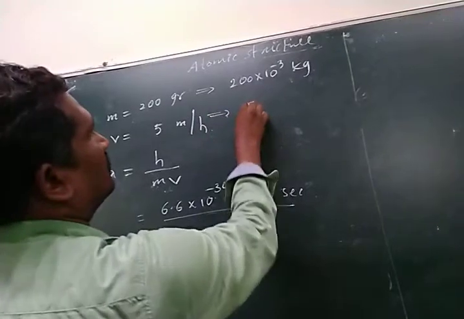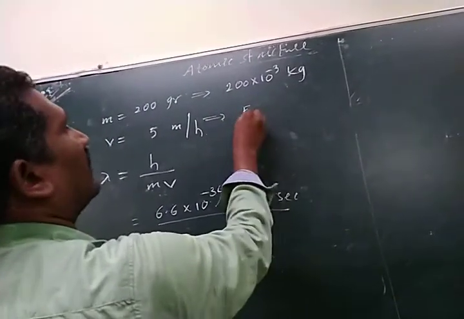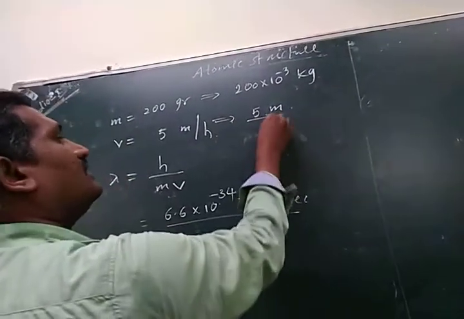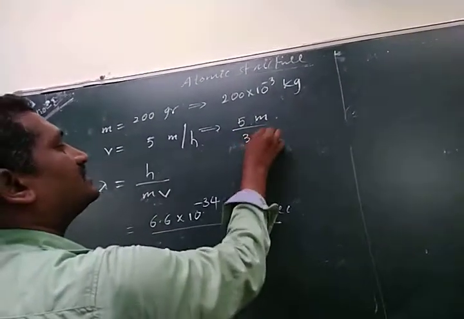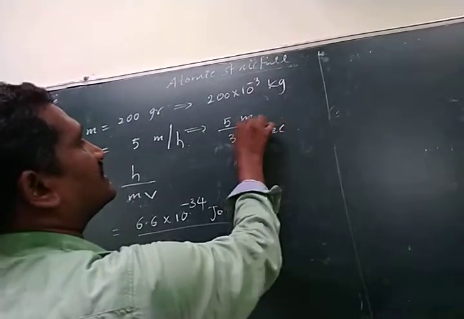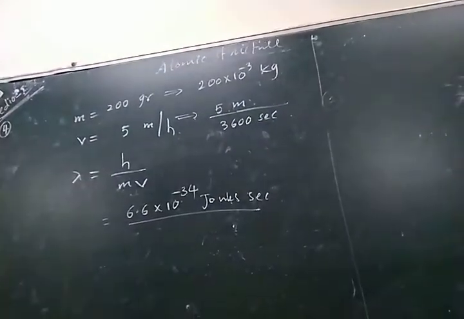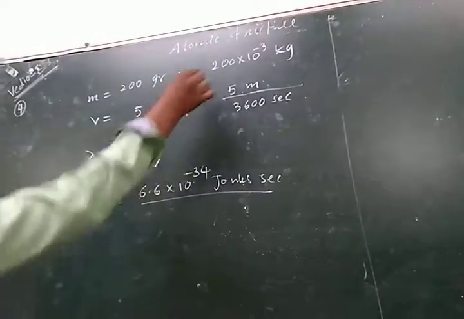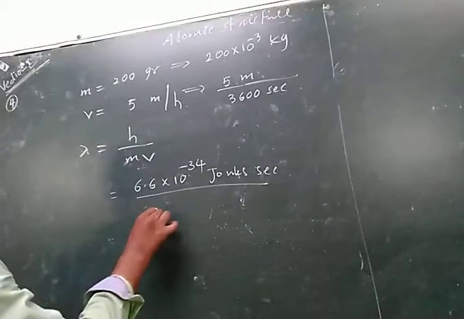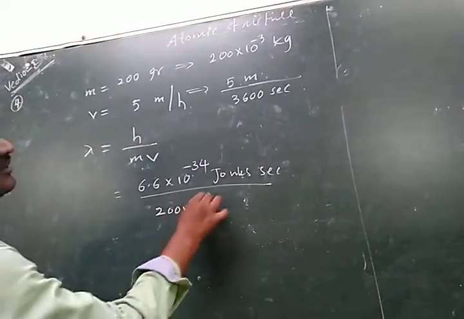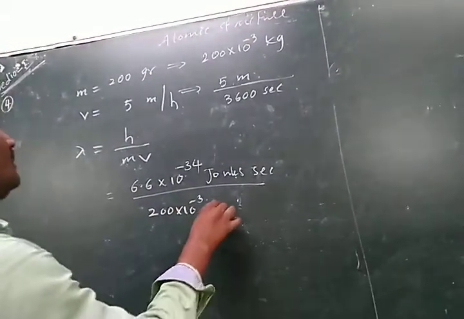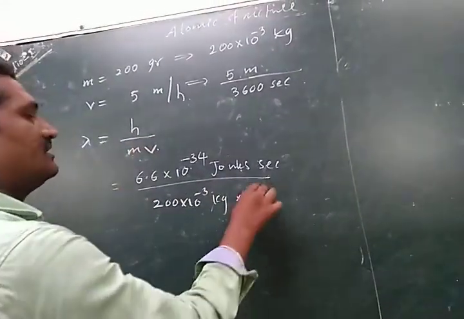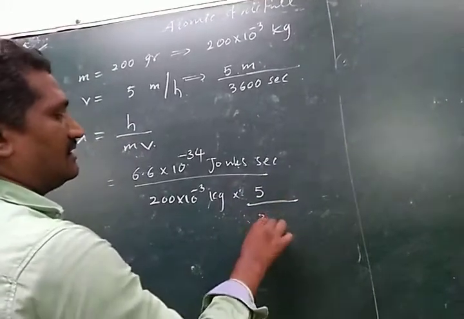So 5 meters per hour, where the hour is 3600 seconds, gives meters per second. The mass they have given is 200 into 10 power minus 3 kg, and the velocity is 5 by 3600.